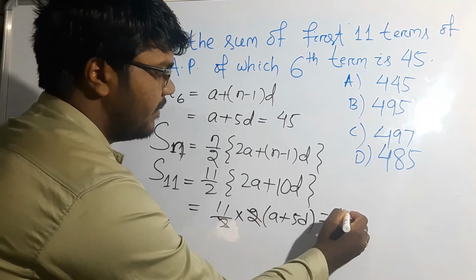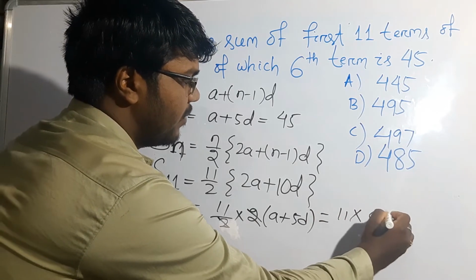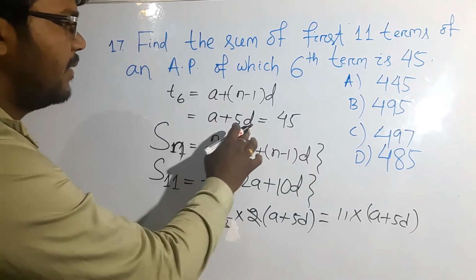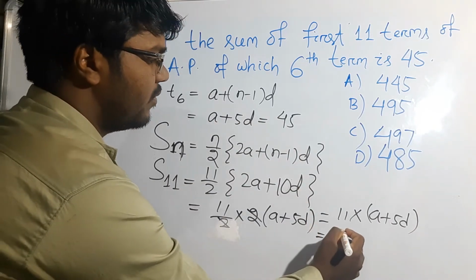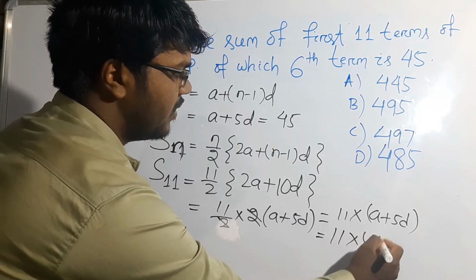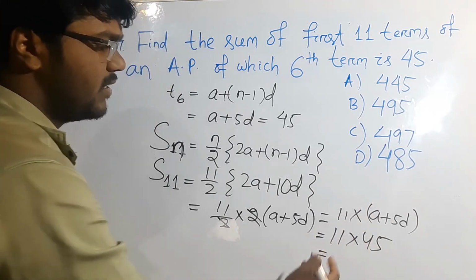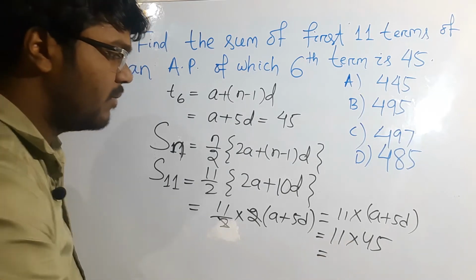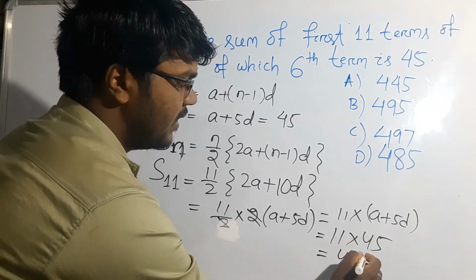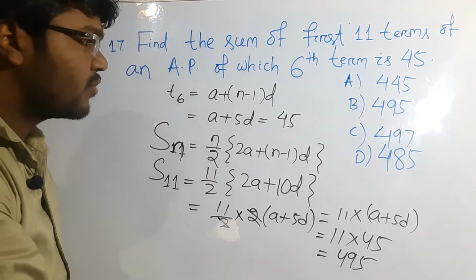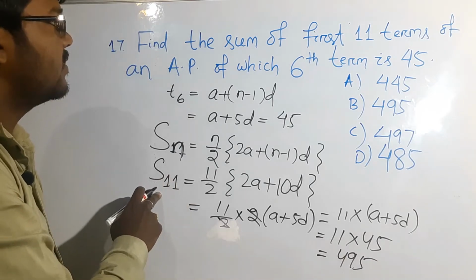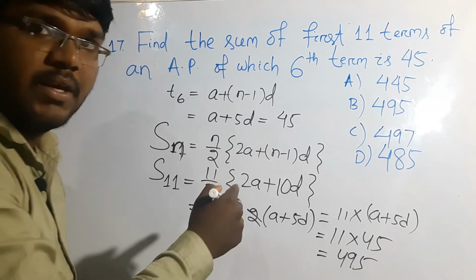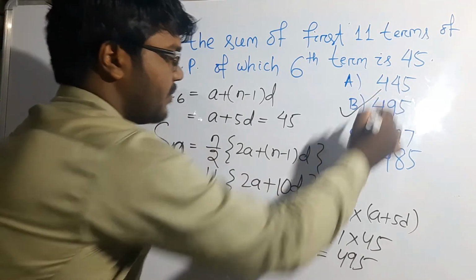It is 11 into (A plus 5D), and we have the value of A plus 5D as 45. So we will put 11 into 45 here. The product 45 into 11 will become 495. So the sum of first 11 terms is 495. So option B is our correct answer.